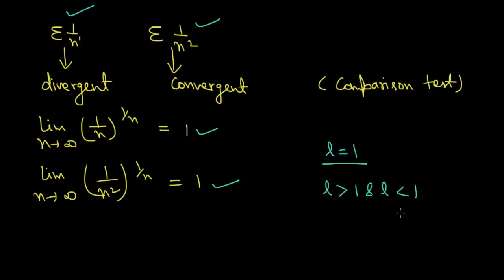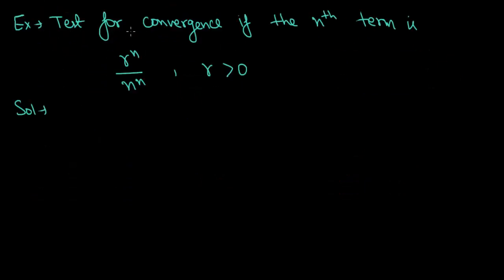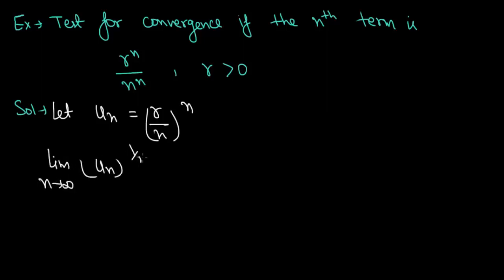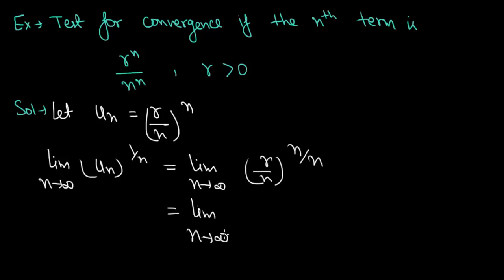Now here is an example. Test for convergence if the nth term of a series is r upon n power n, where r is greater than 0. Let the nth term of this series be (r upon n) whole power n. For the root test, we take limit n tends to infinity of un power 1 by n, which is limit n tends to infinity of (r by n) whole power n by n, so limit n tends to infinity r by n.